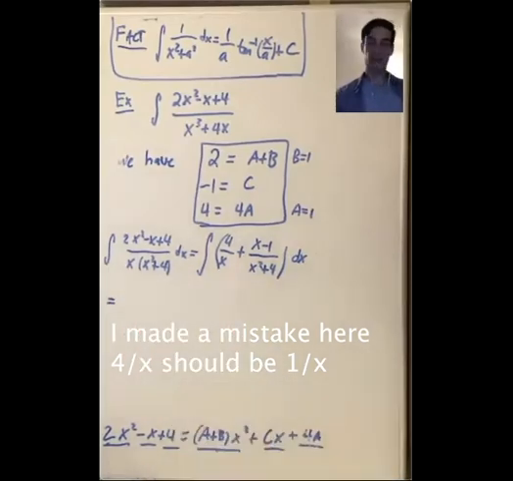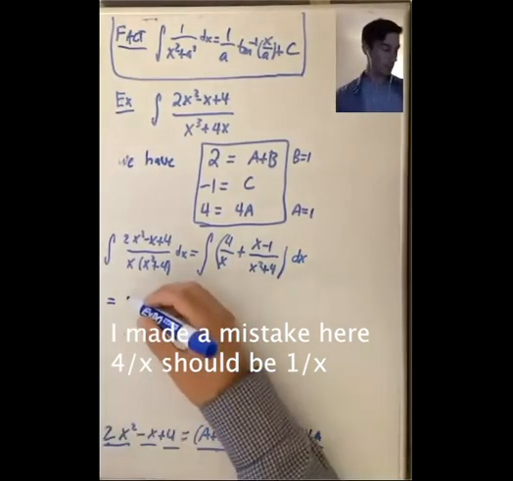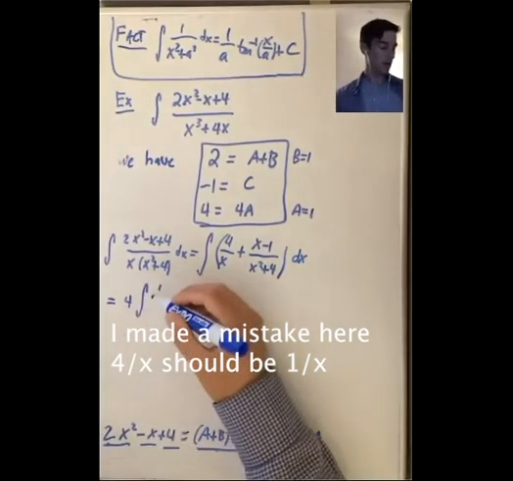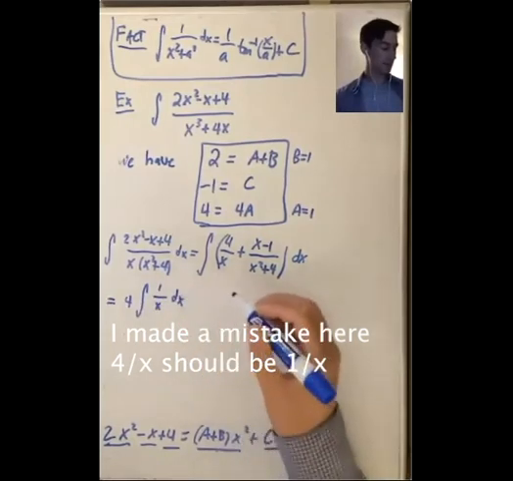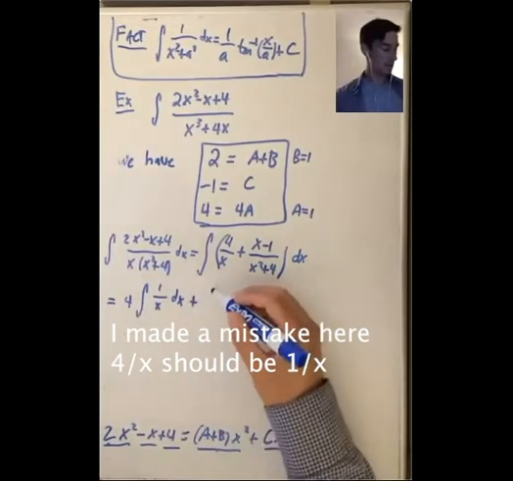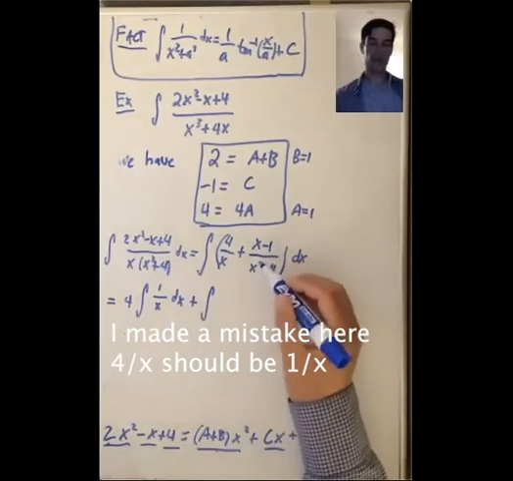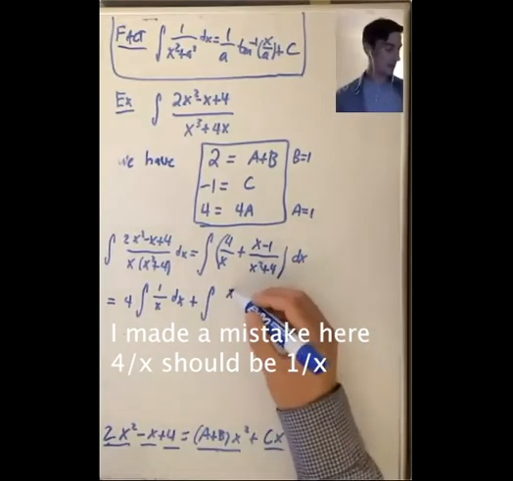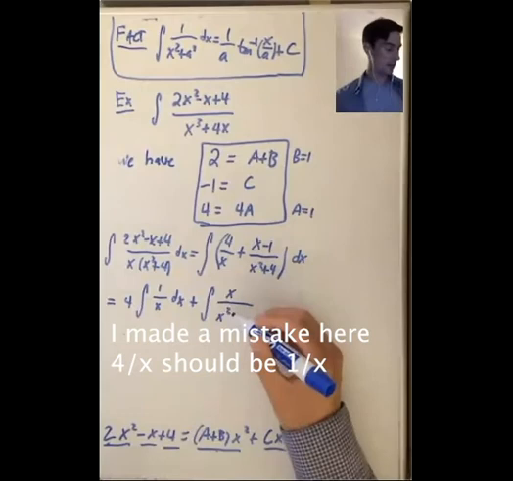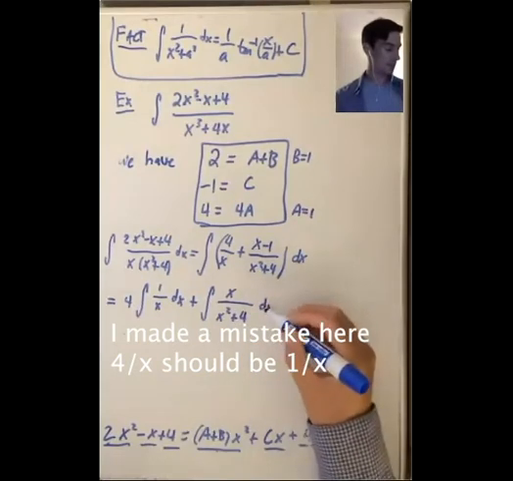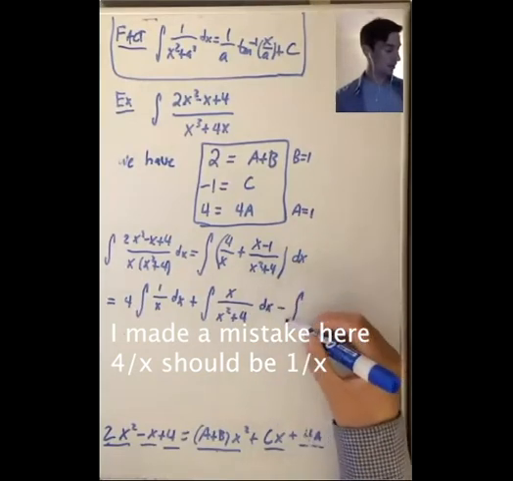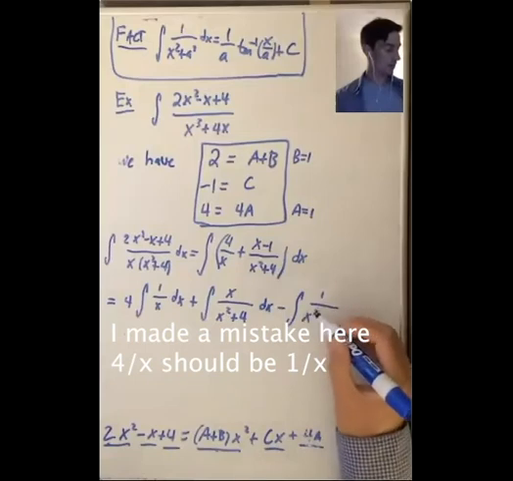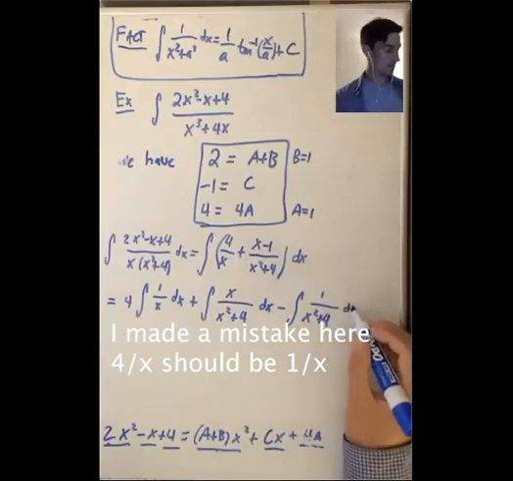So we can write this most easily as 4 integral 1 over x dx plus, let's split this part up into the sum of two integrals, x over x squared plus 4 dx minus integral 1 over x squared plus 4 dx.